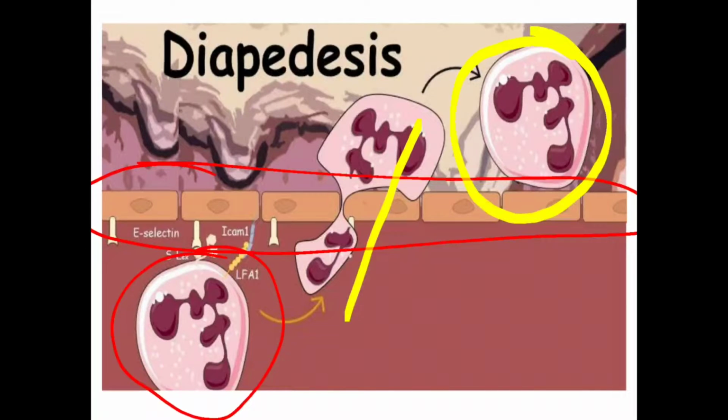This is the process by which the WBCs move out of the blood vessels and reach the site of infection where they perform their function of phagocytosis. Phagocytosis is the process in which WBCs engulf a foreign substance, bacteria, virus or any pathogen and digest it. It is the method of self-defense.